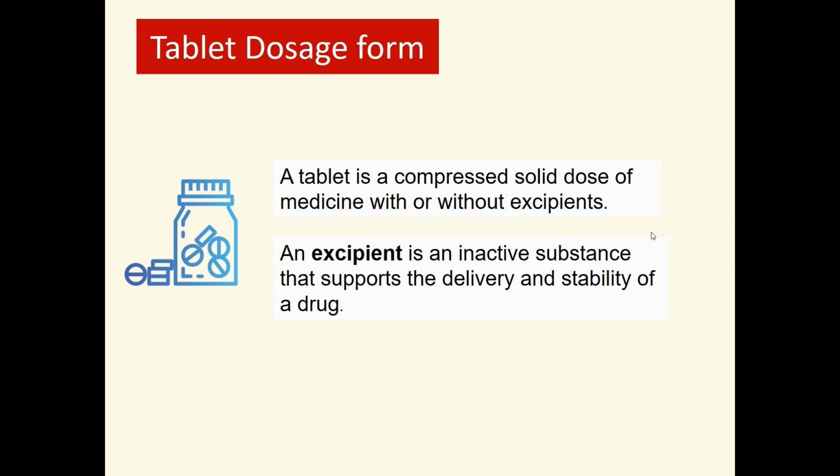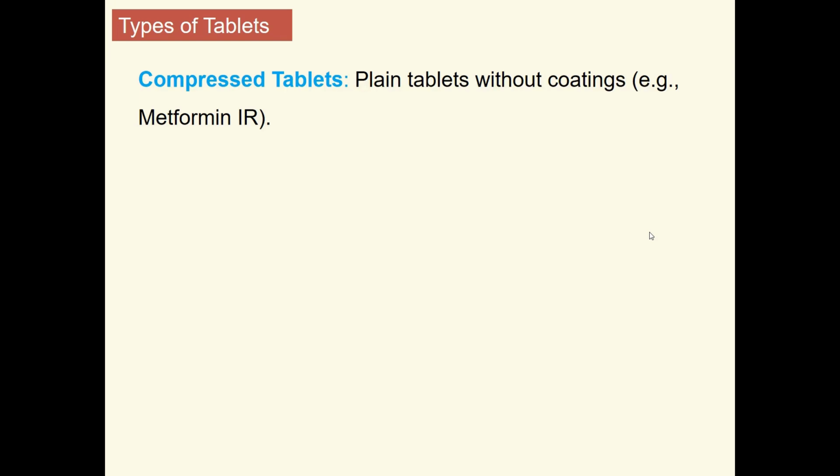Excipients are inactive substances that support the preparation of the tablets, and also help in delivery and in maintaining the stability of the tablets. There are several types of tablets. I would like to go over some important types.